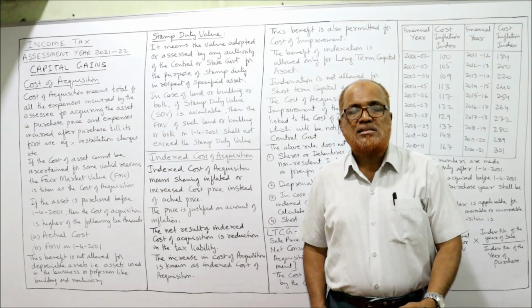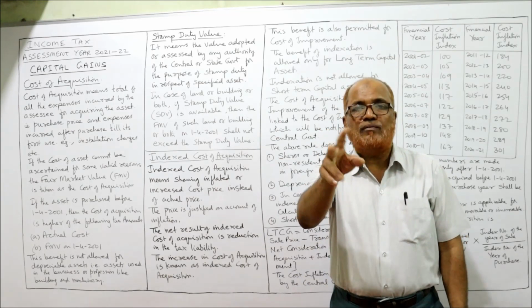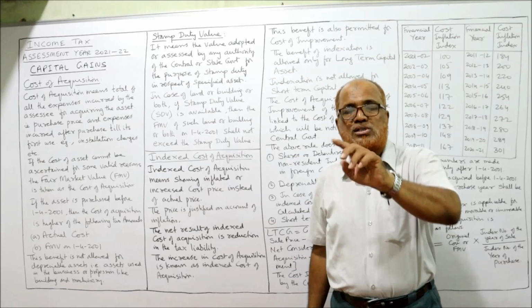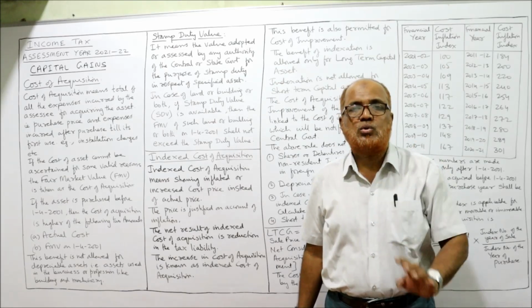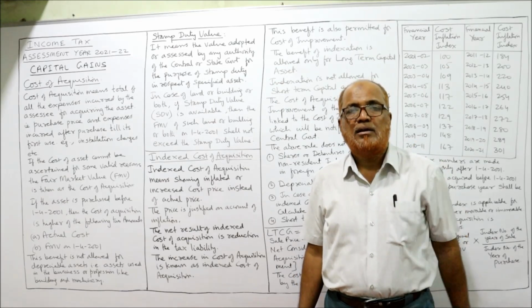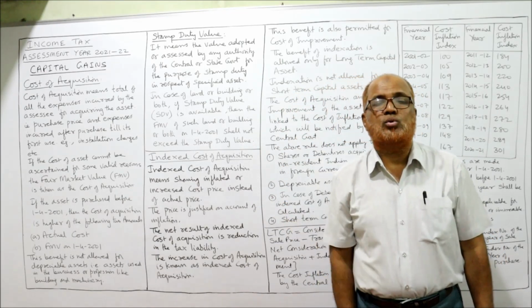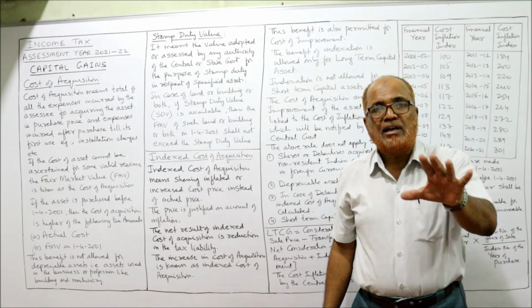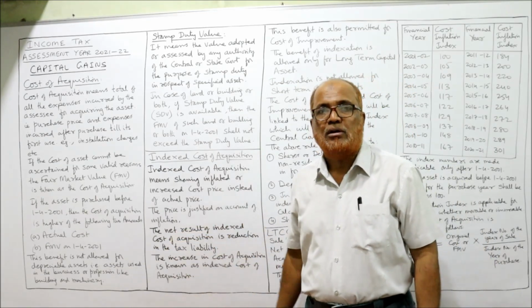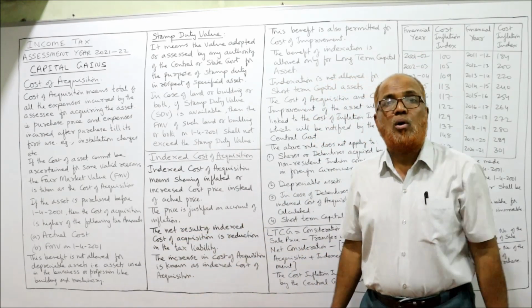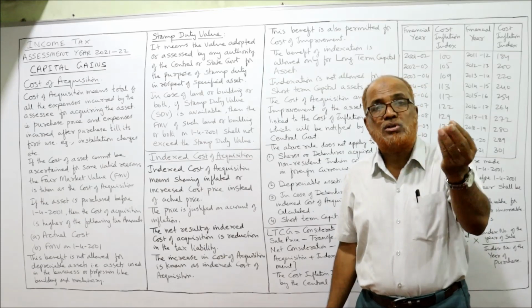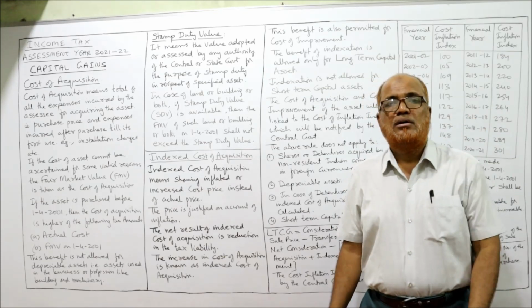So the Income Tax Act says the assessee can choose the higher of the following two: actual cost 10,000 or FMV 2 lakh, whichever is higher. If the assessee chooses 2 lakh rupees, his tax liability will get reduced. Otherwise, if the Income Tax Act had not given this provision, his tax liability would be more because the cost of acquisition was only 10,000.